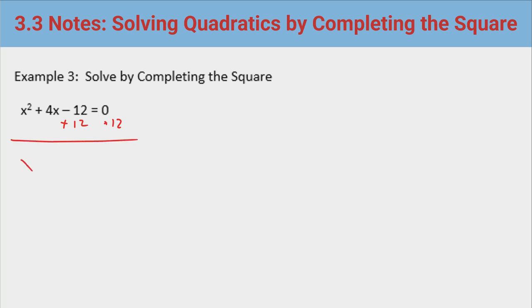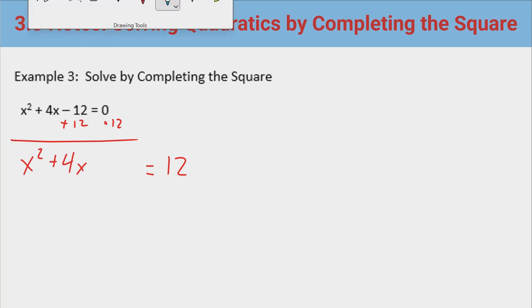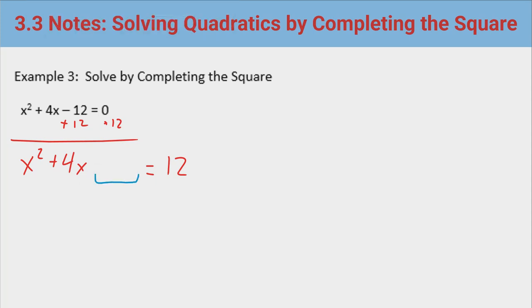This would give me x squared plus 4x equals 12. And notice I left a gap here because in my normal trinomial, I would have some sort of c value that I would want there.